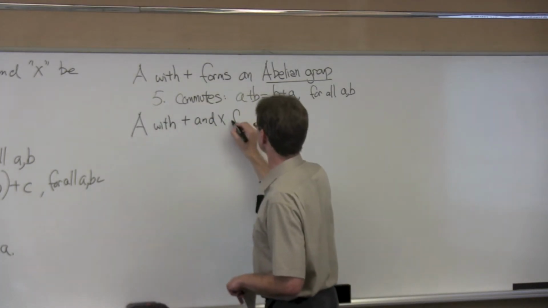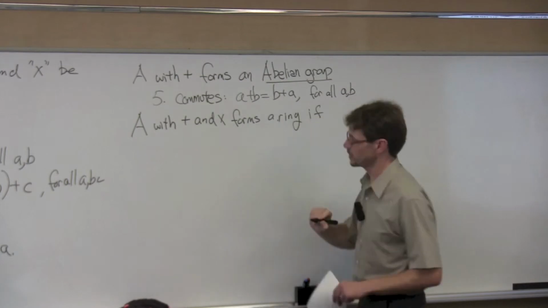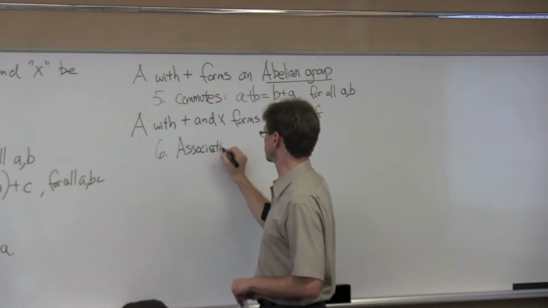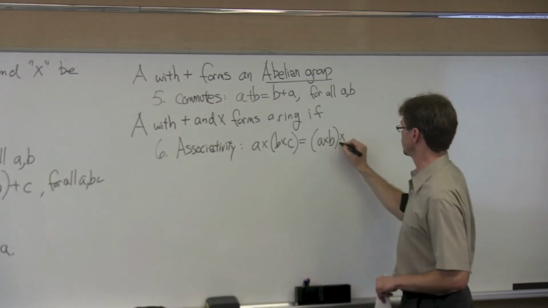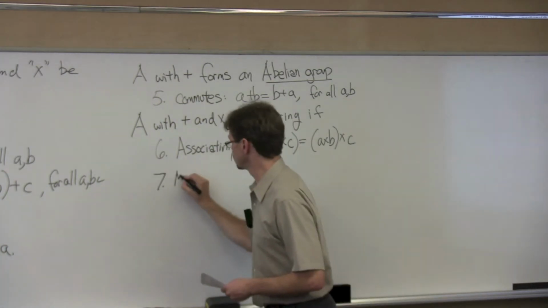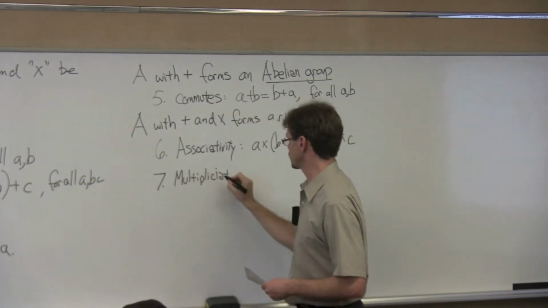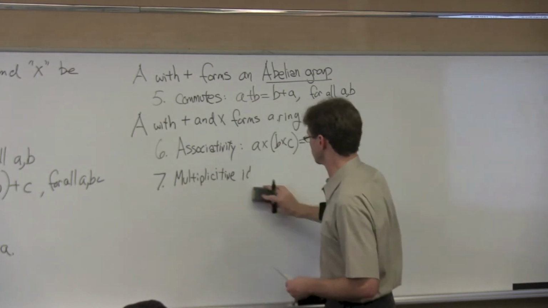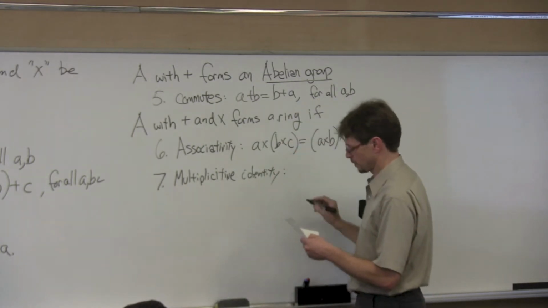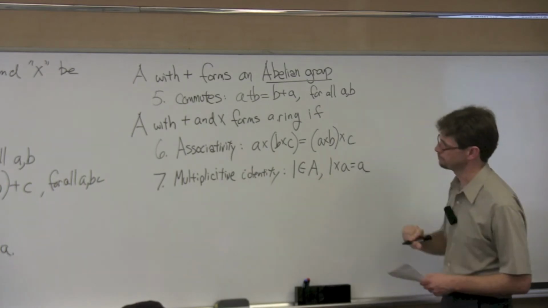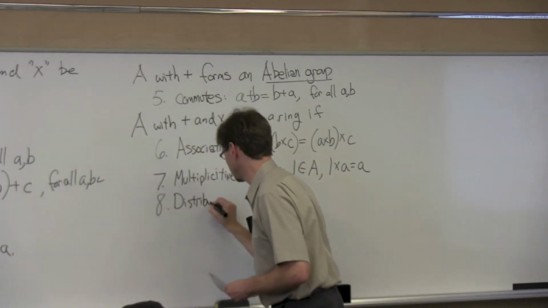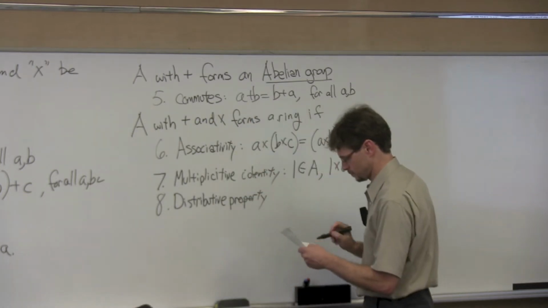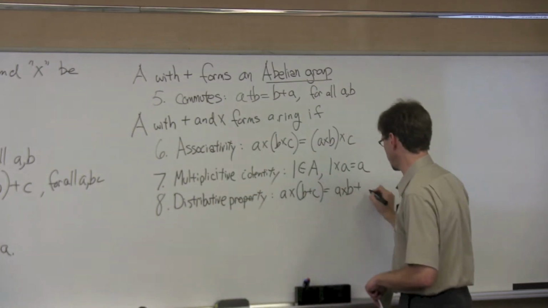And then A with plus and times forms a ring if in addition you have associativity for multiplication, multiplicative identity, distributive property.